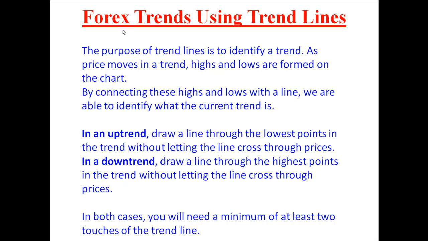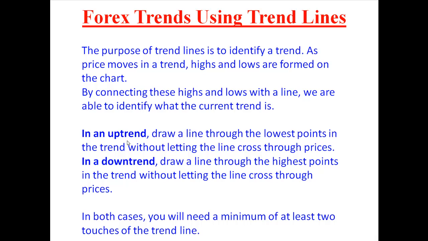Now, forex trends using trend lines. Okay, now the purpose of trend lines is to identify a trend. As price moves in a trend, highs and lows are formed on the chart. By connecting these highs and lows with a line, we are able to identify what the market trend is.